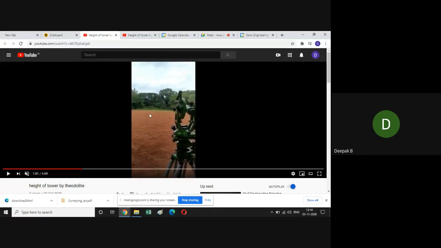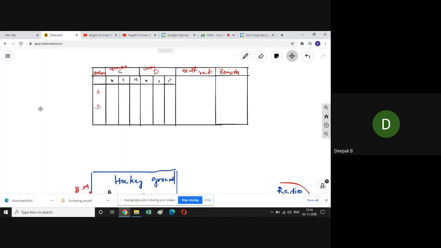Okay, now he has fixed the location of point B. He has decided that it will be at a distance of 20 meters from this point A. It is already fixed here. Surveyor Sebastian sir has marked the location of the point B or the station B, and it is at a distance of 20 meters.